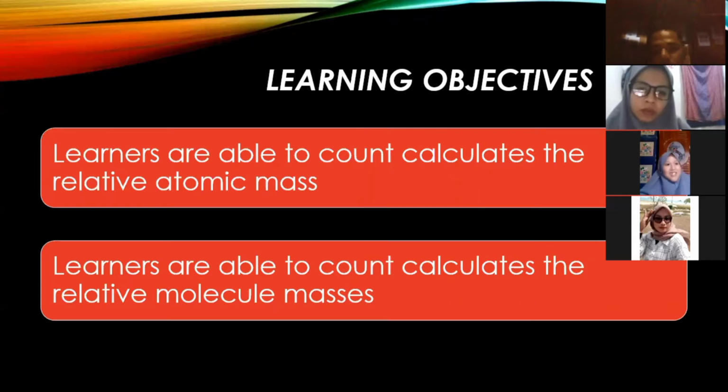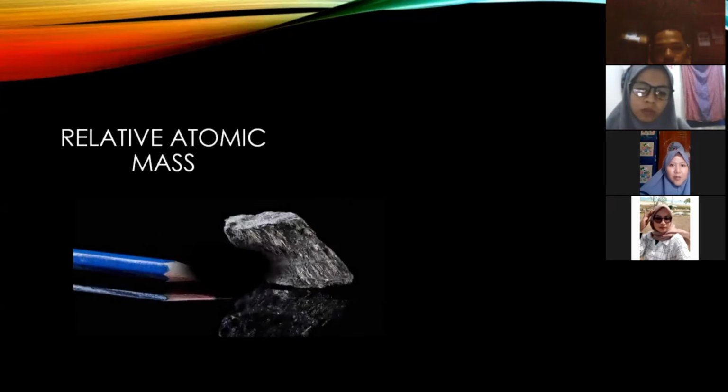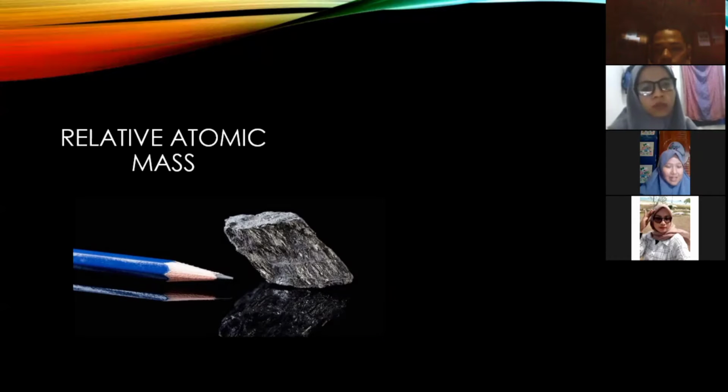Yes, Mister. Relative atomic mass, or Ar, is the mass of an atom determined by comparing it to the standard atomic mass. Relative atomic mass, abbreviated to Ar, based on IUPAC, uses as a standard for determining the relative atomic mass the carbon atom.